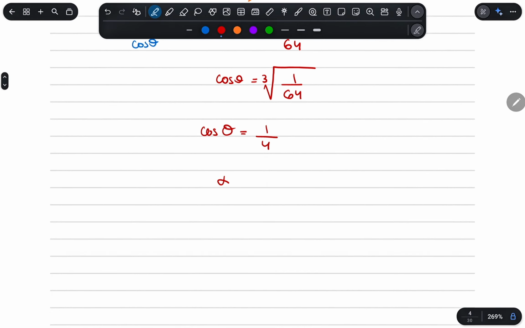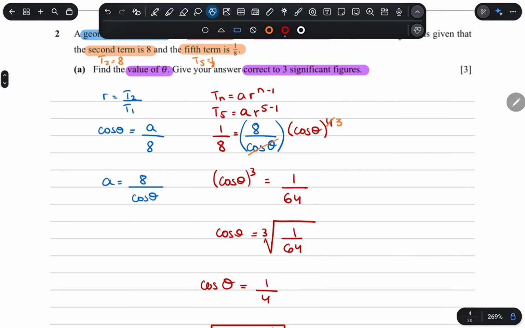And the alpha value we'll get is 1.318. Let's make a grid.